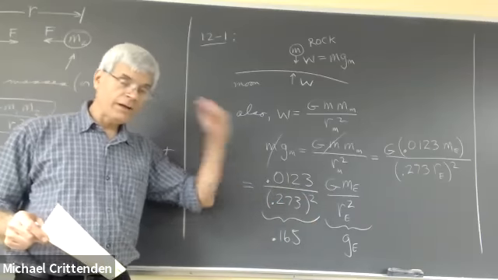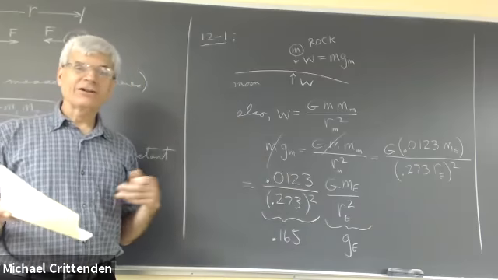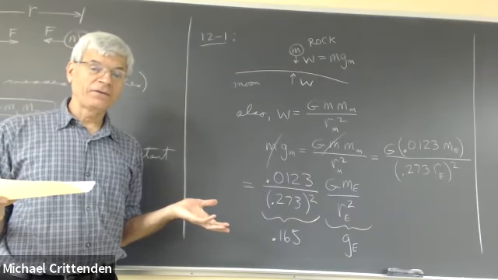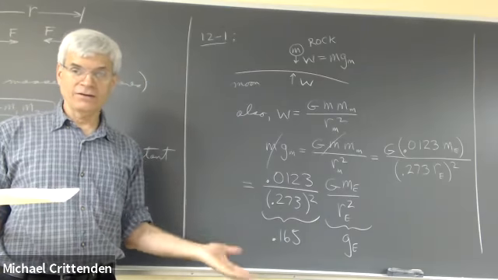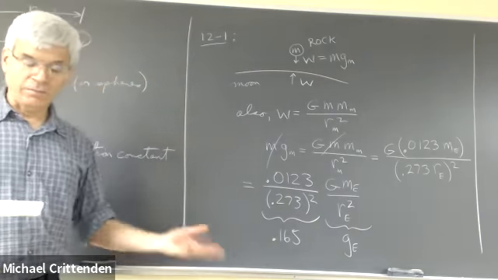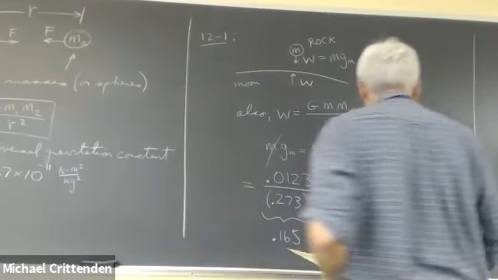I could put in 9.8 for that, but actually what's probably the most meaningful thing for most people is to just leave it as a comparison to what they experience on the surface of the Earth.